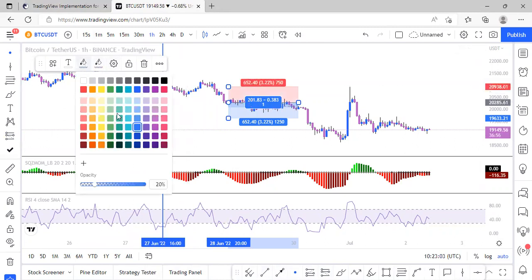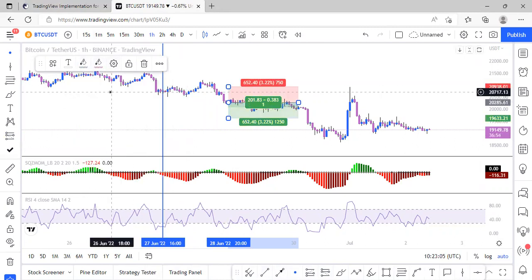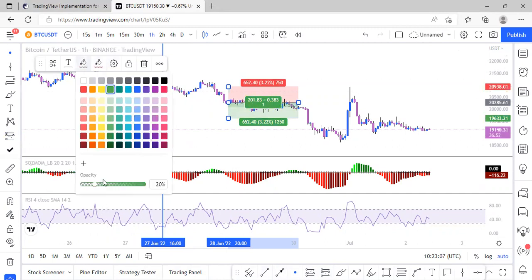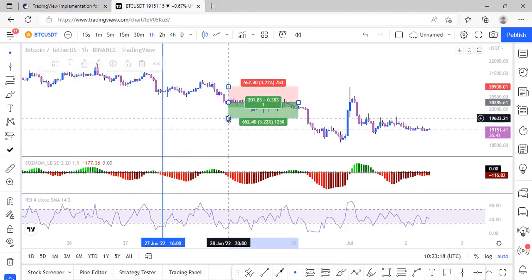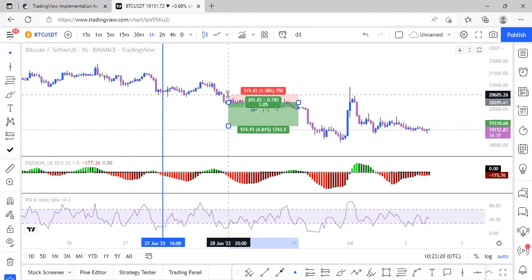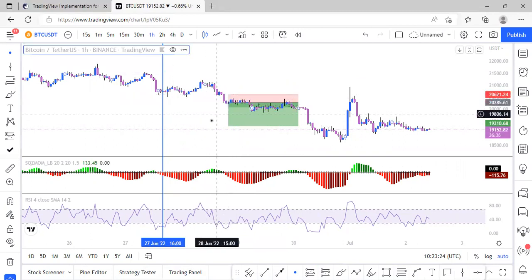And then take profit should be green. All right, so our stop loss should be above the previous candle.